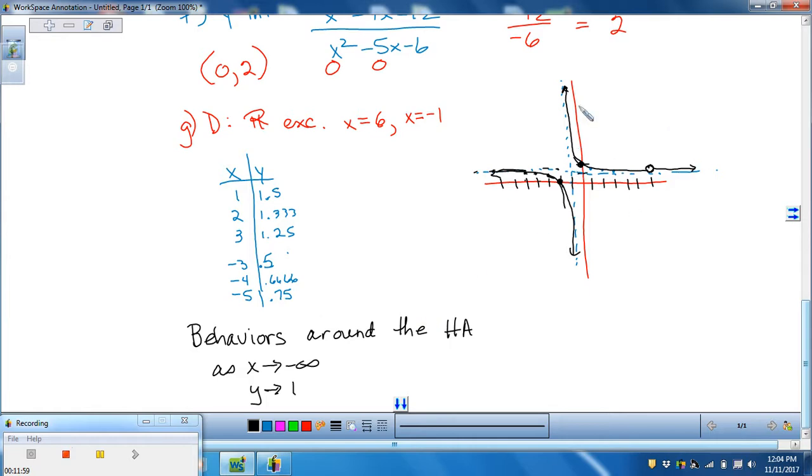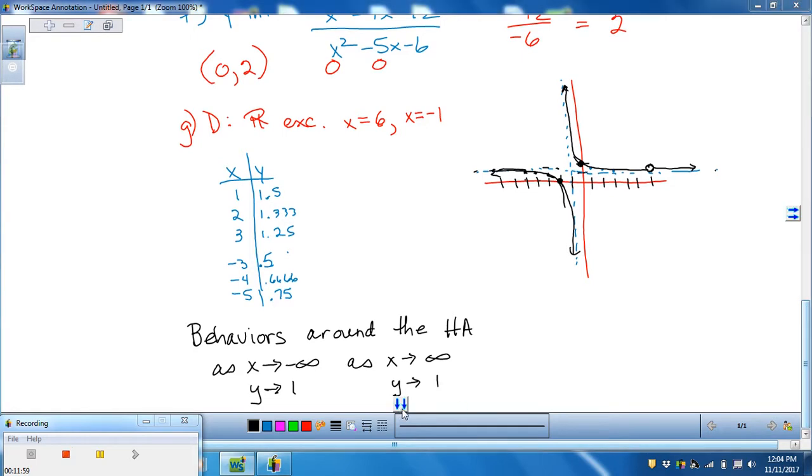On the other side, as x is going to +infinity, y is also approaching the horizontal asymptote, which has a value of 1. So on each end of the function, as it goes opposite directions to -infinity and +infinity, it is approaching the horizontal asymptote of 1.